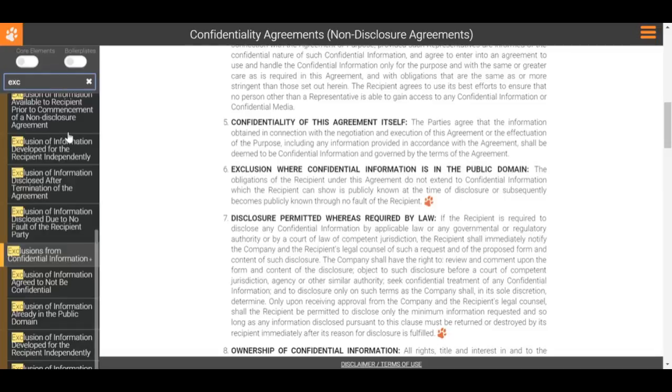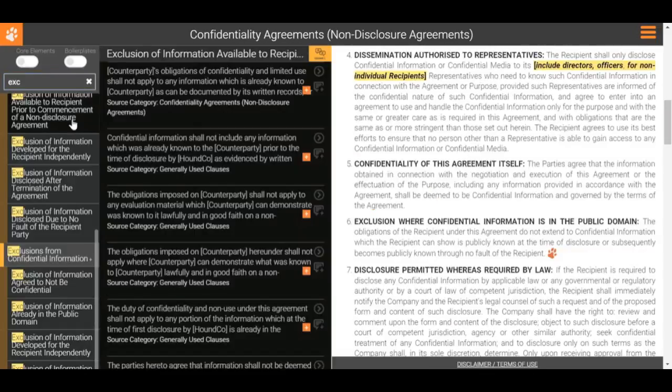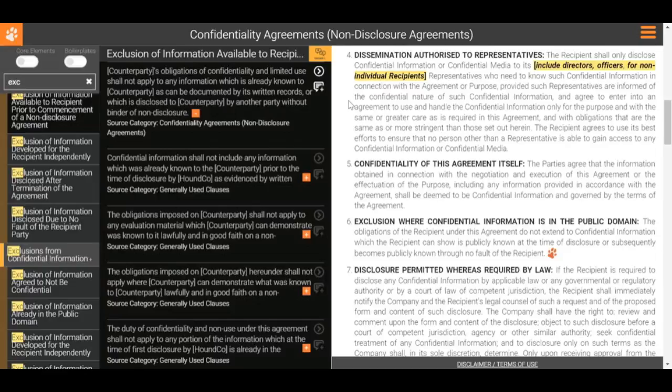So as you can see within our knowledge panel, a quick search on exclusions brings up several other scenarios that may be considered outside of the realm of what should be treated as confidential. We provided sample language for you to inject into the agreement at your convenience.